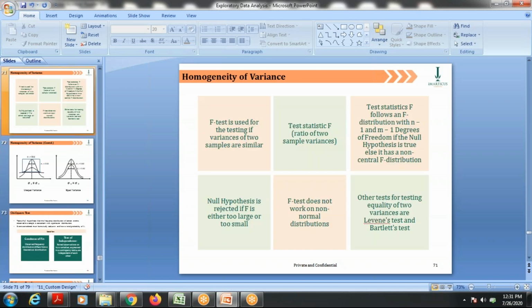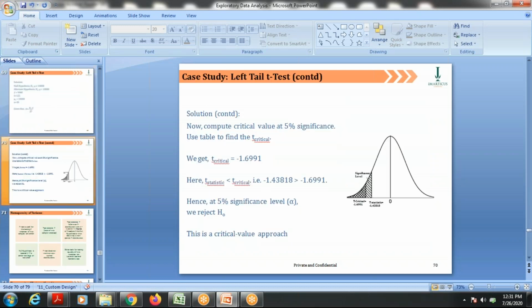Now, we have hardly two slides left. Tell me. Since T is greater than T alpha, do we reject the null hypothesis? Here it is saying that, look here, your minus 1.43 is greater than minus 1.69. So it will not be in the rejection region, right?